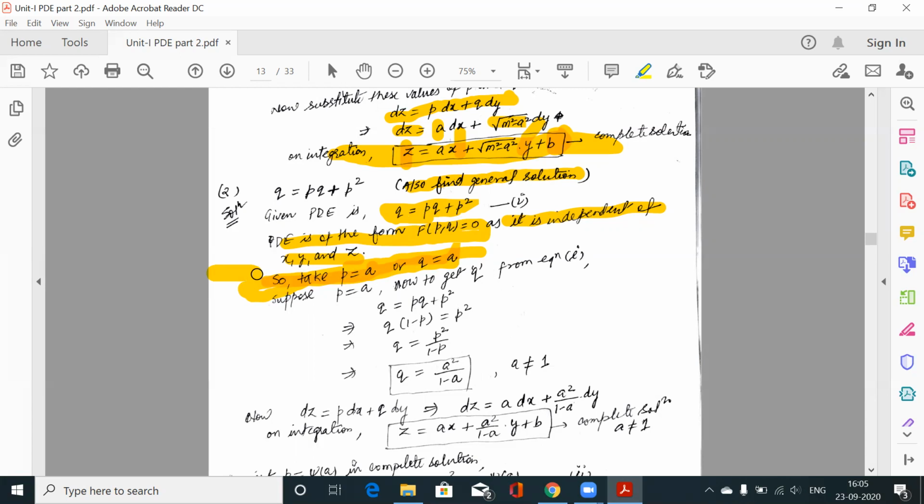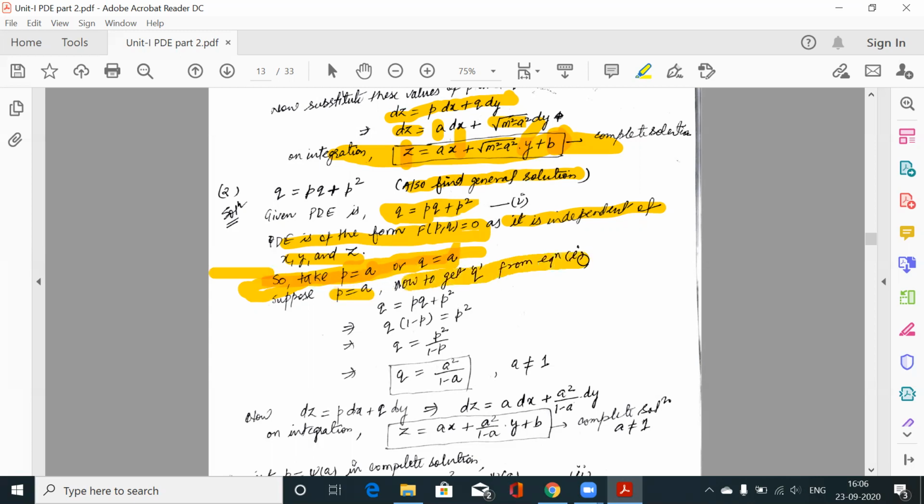Do not write this directly. Write using Charpit's auxiliary equation, we get p is equal to a or q is equal to a. So here I have selected p is equal to a because it is easy to get q from this equation. Otherwise we can use q is equal to a also.